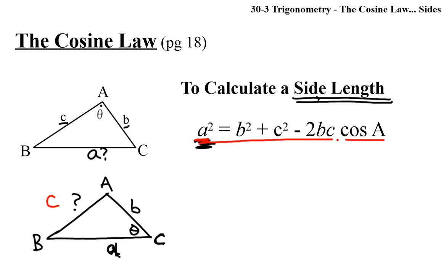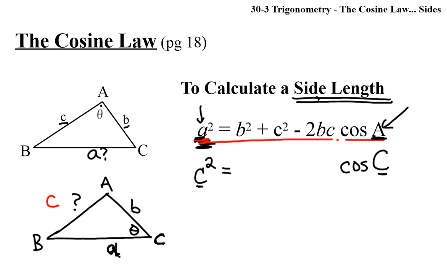Instead of finding side A, we could rewrite the formula to say we want to calculate side C. But we have to then make some changes. If we calculated side A, we were using angle A. So our formula would also have to change. So we're calculating cosine of C because A corresponds to A and C corresponds to C.